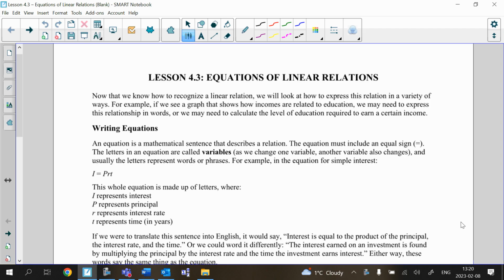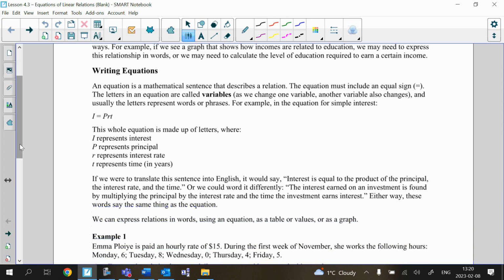Like you guys learned how to find equations of lines in grade 10 by using certain formulas. We're not doing that. We're doing sort of relevant problems and coming up with equations for it to help us make predictions. So hopefully you know what an equation is. It's just a mathematical sentence that has some stuff on this side, it's got an equal sign, and has some stuff on the other side.